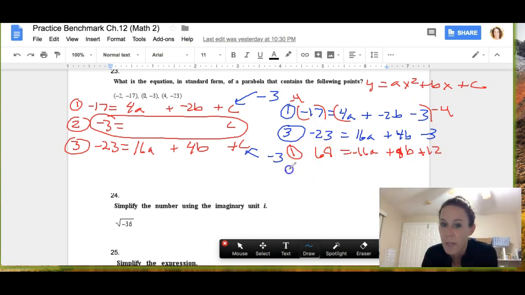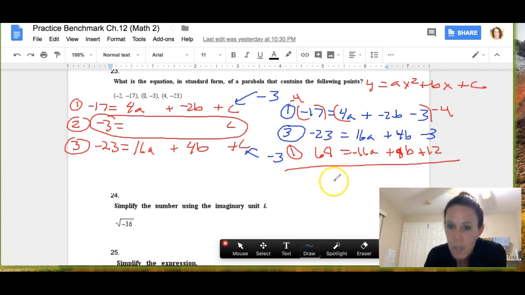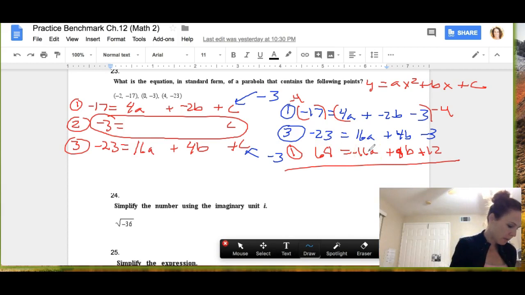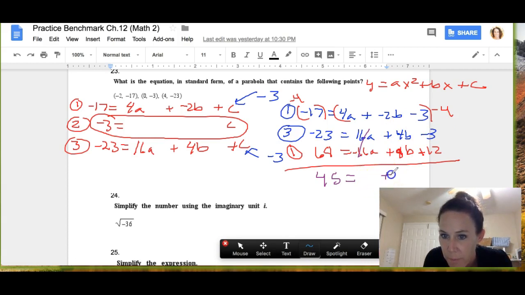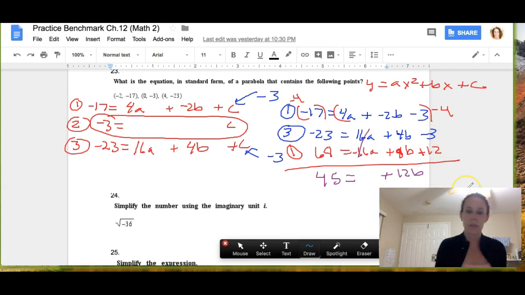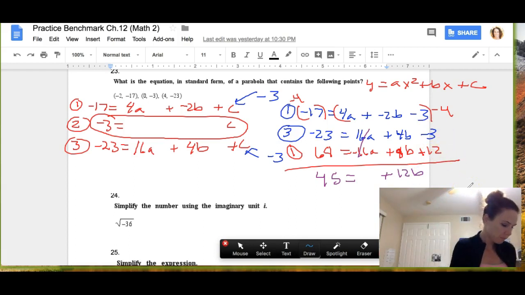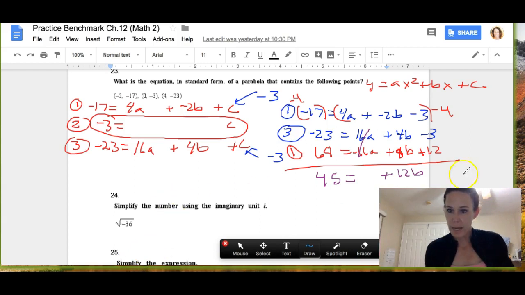Now I'm going to add these 2 equations together. If I do 68 and I subtract 23, I get 45. And then the a's fall out, which is what I wanted. 8 and 4, 12b, and then 12 and 3 gives me 9.